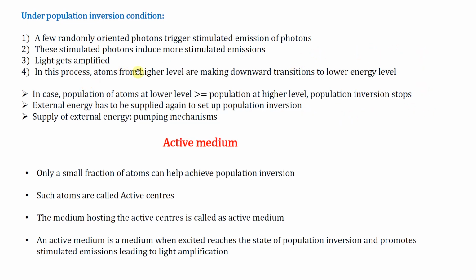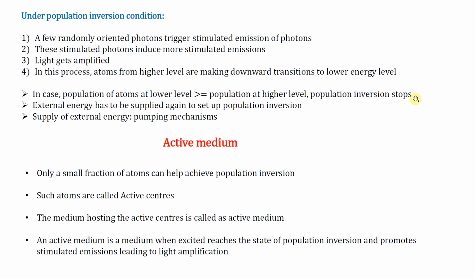As we have already seen, atoms from high energy level are always making a downward transition to the lower energy level. Suppose the number of atoms at the lower energy level becomes greater than at the high energy level, the population inversion will stop. Population inversion is when you have more atoms at the high energy level than at the low energy level.